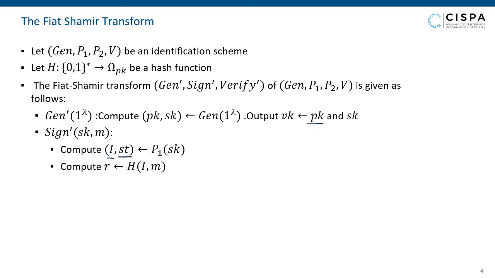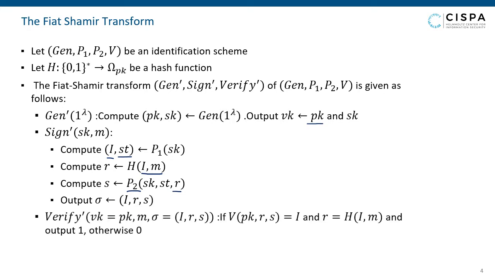Next, we hash I and the message M using the hash function H, obtaining a string R. Finally, we compute S via the second prover algorithm by running it on the secret key SK, the state ST, and this string R. And the signature consists of I, R, and S. How do we verify?